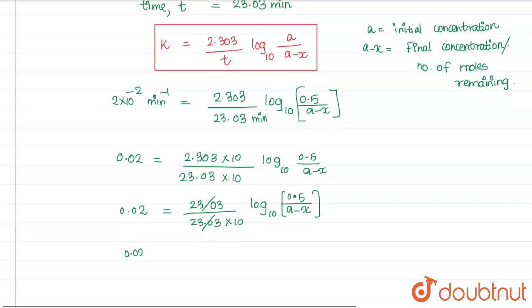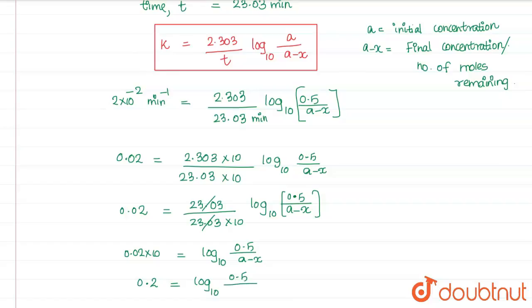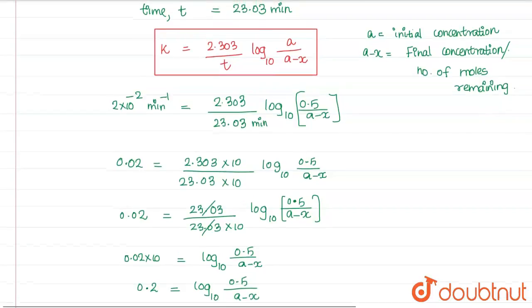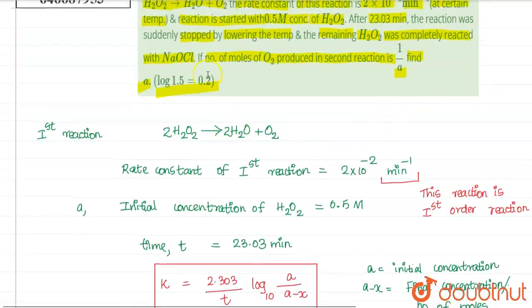So 0.02 into 10 is equal to log to the base 10, 0.5 divided by A minus X. That is equal to 0.2 is equal to log to the base 10, 0.5 divided by A minus X. Okay, now 0.2 is given as log 1.5.